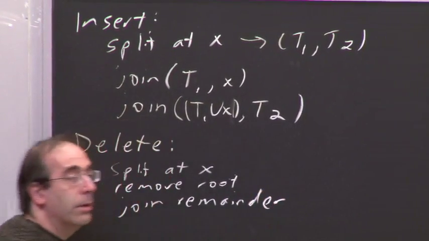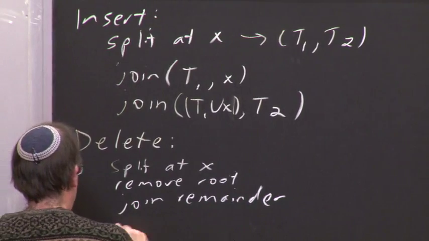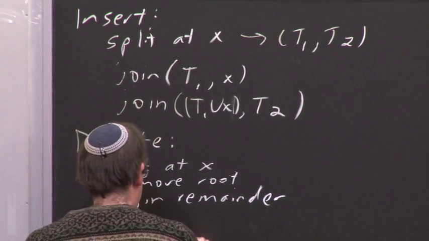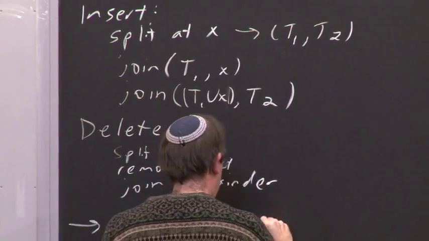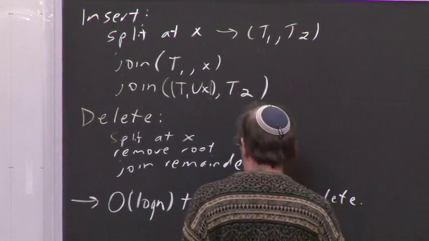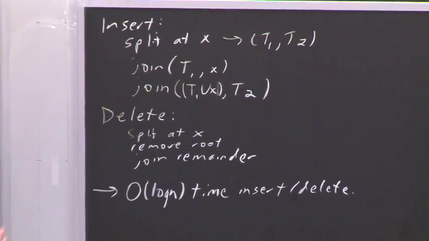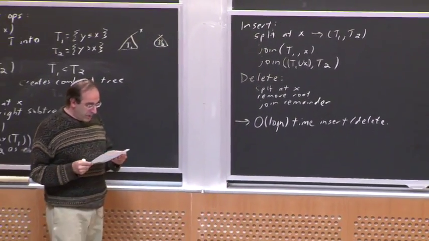So very straightforward, right? And as we've just seen, that implies that we have order log n time insert and delete. Okay? So that's sort of the end of the story for splay trees. Now we've got them updatable as well.